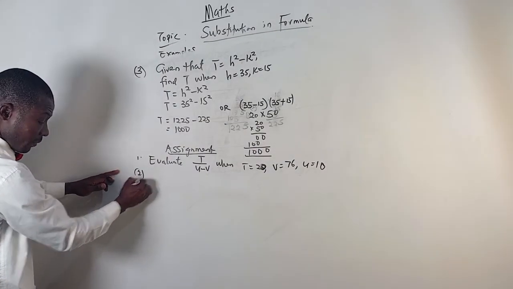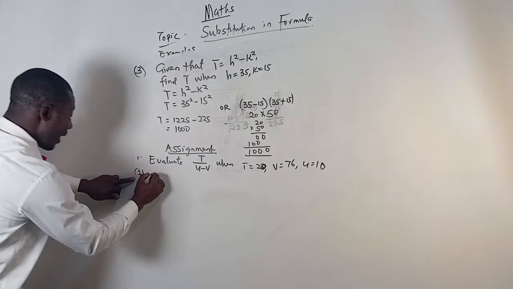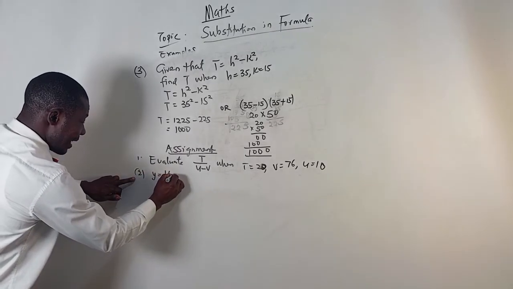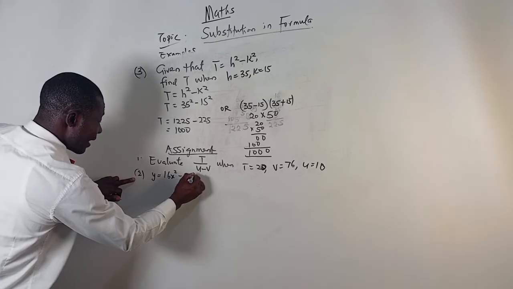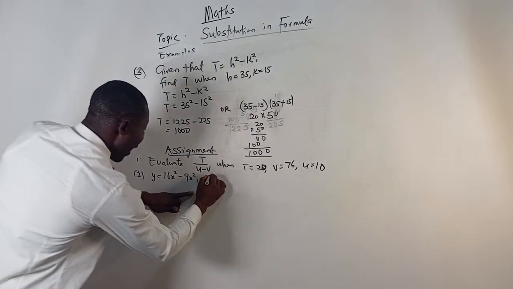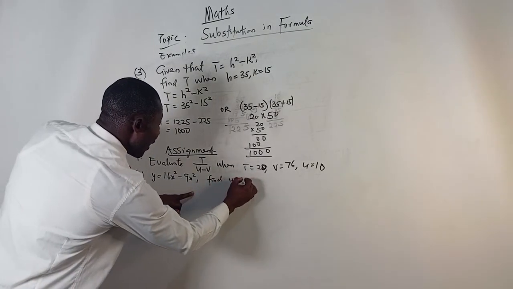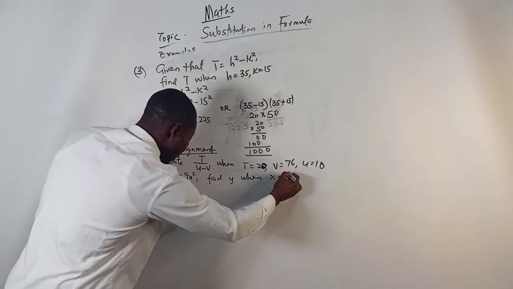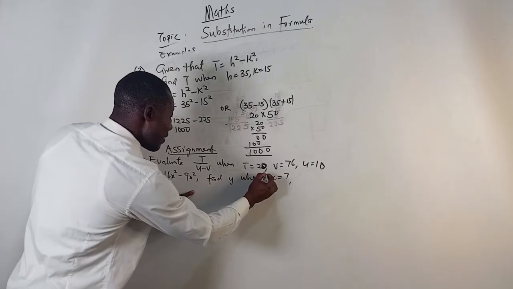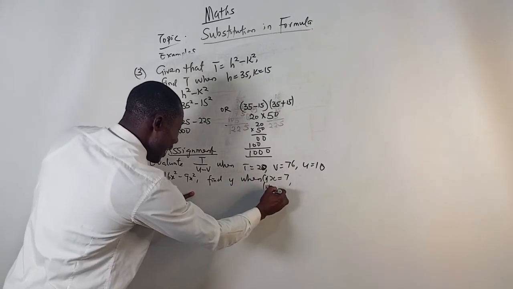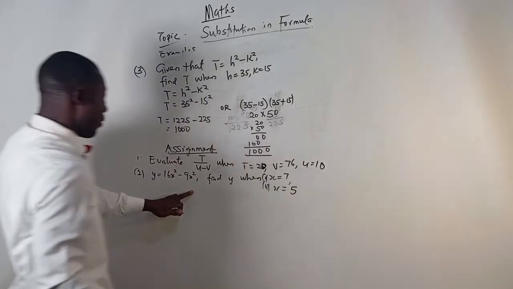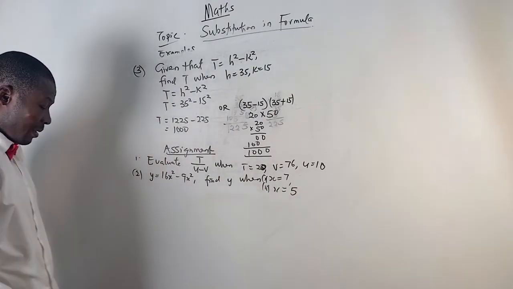The second question, we are to get Y, that is Y equals 16x squared minus 9x squared. So we have to find Y when x equals 7, and at the same time when x equals 5.